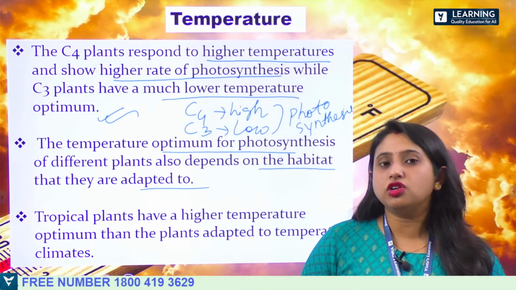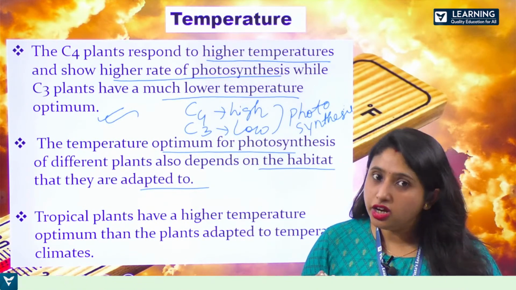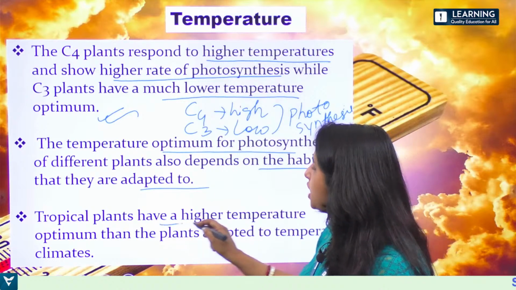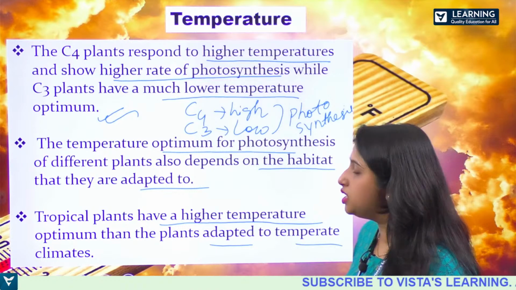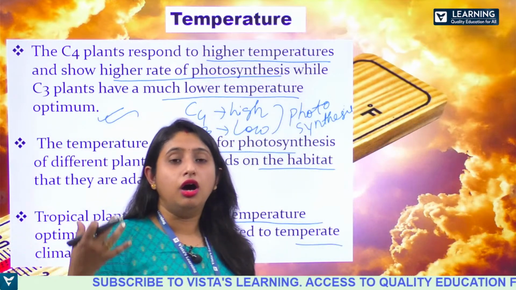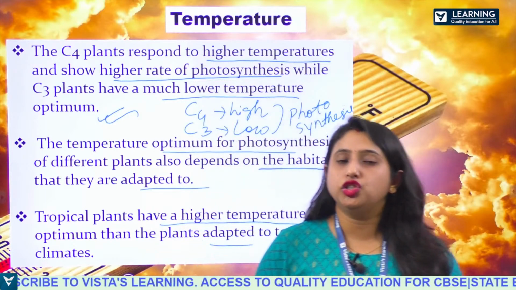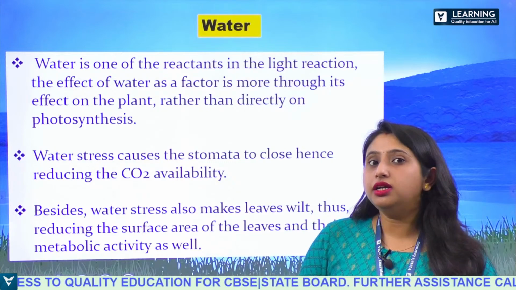Temperature also depends on the adaptation, that is, how much temperature they can tolerate. Tropical plants have a higher temperature optimum than the plants adapted to temperate climates. The tropical plants have the capacity to tolerate high temperature because they are in a tropical region. They have a tropical climate there.